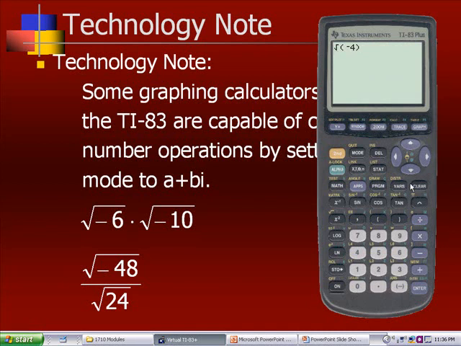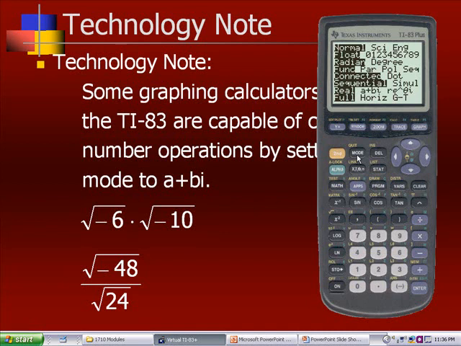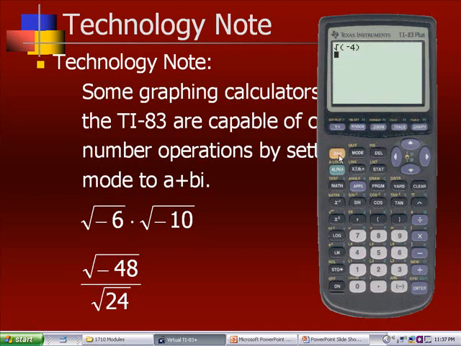So anytime we know we're going to be working with imaginary or complex numbers, go to Mode and go down on the bottom, and instead of doing real numbers, slide it over to do a plus bi numbers. This means you want your answer in complex mode. Now, if you put it in complex mode, everything you do regarding real numbers will be exactly the same. So now if we do the square root of negative 4, then we're going to get 2i, so now we're good.